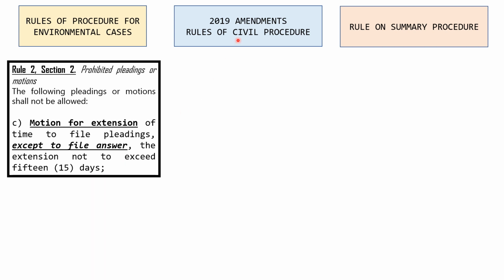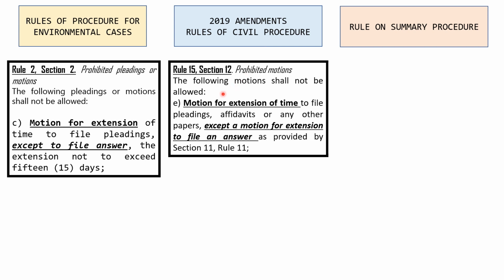How about under the Rules of Civil Procedure sa 2019 amendments? The same. Motion for extension of time to file pleadings, that is also not allowed. But if you're going to file a motion for extension of time to file an answer, then that is allowed.